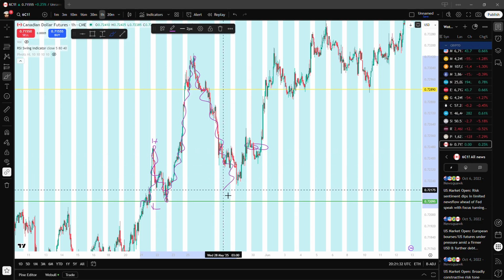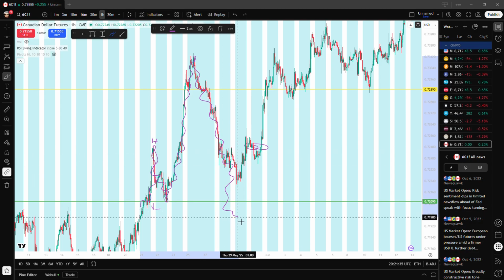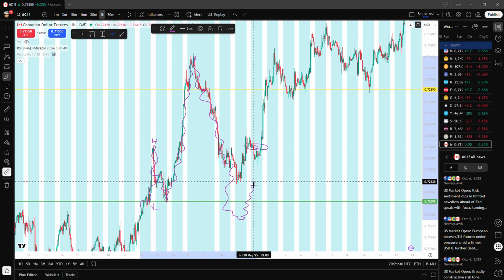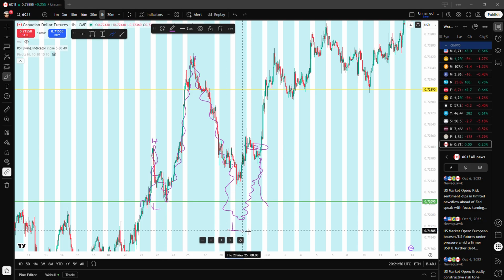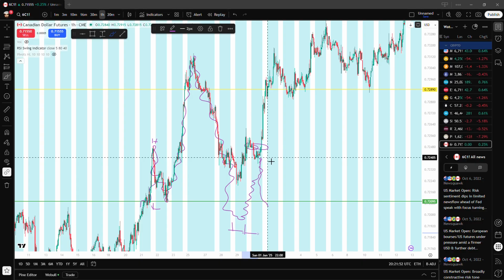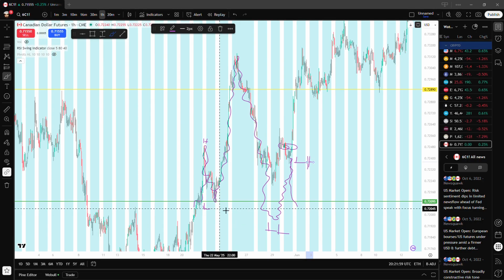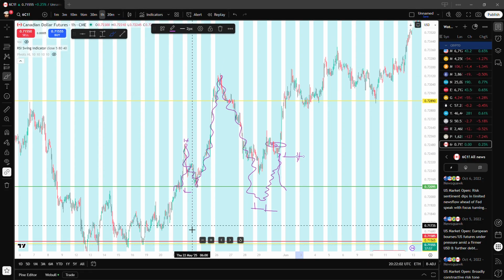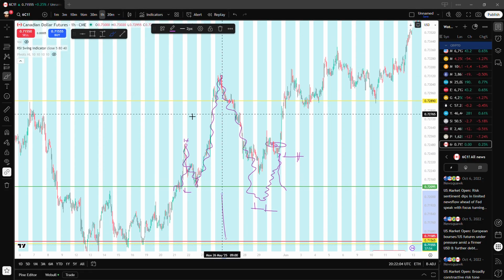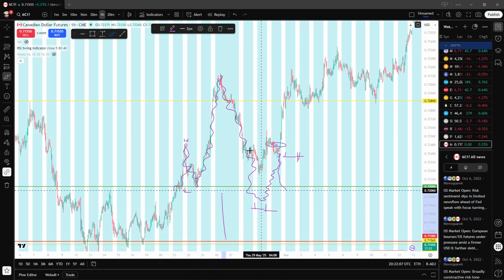And let's say it comes down and makes a lower low. And then comes up. Something like that, right? Lower low, lower high. That shows me that it does not want to keep going up, and that it wants to keep going down here. That's what it's showing me if it crosses down below that line.